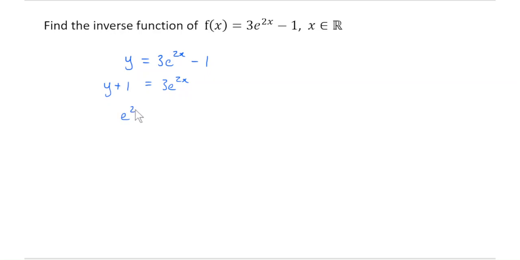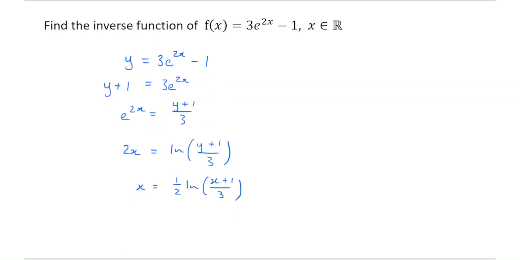So e to the 2x is equal to y plus 1 divided by 3. We convert this into logarithmic form. 2x is equal to ln of y plus 1 divided by 3. So x is equal to a half ln of y plus 1 divided by 3.